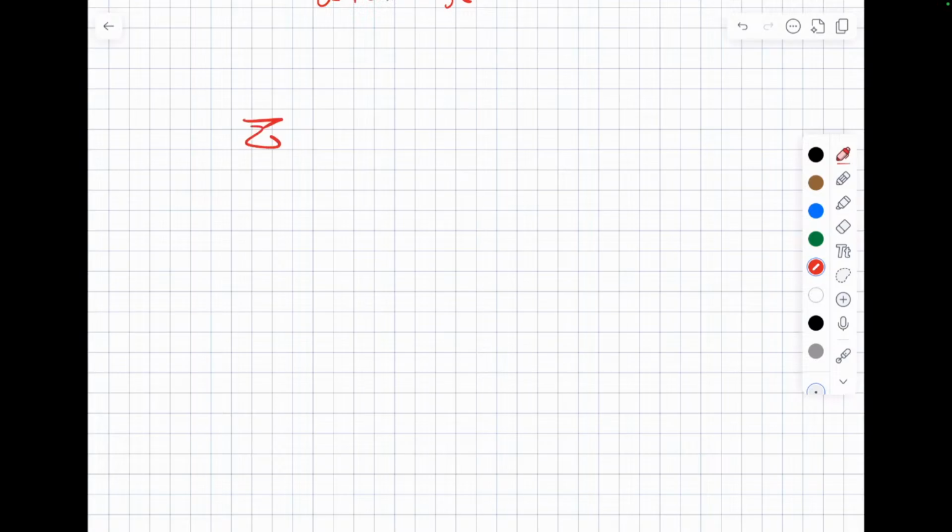The sum from n equals 1 to infinity of 1 over 2 plus 3 to the n. What do we do with this one? 1 over 3 to the n, does that converge or diverge? Why? Because 1/3 is your ratio, and r is less than 1, so it's a geometric series.